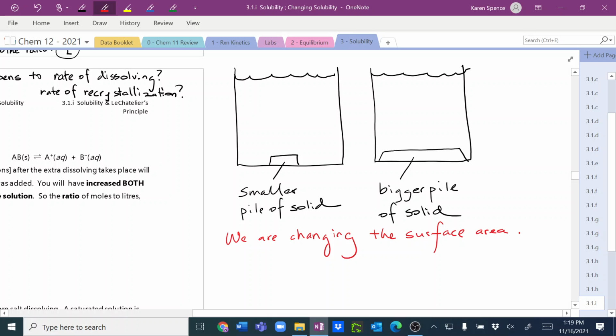When we have a bigger pile of solid, what can you say about the surface available for dissolving? It's bigger. So if you say, okay, let's just say it can just dissolve off the top. There's my dissolving. Over here, there's a lot more surface available for the process of dissolving.